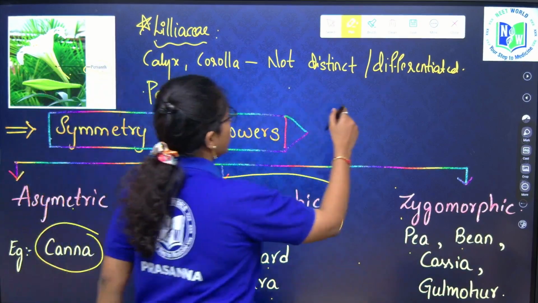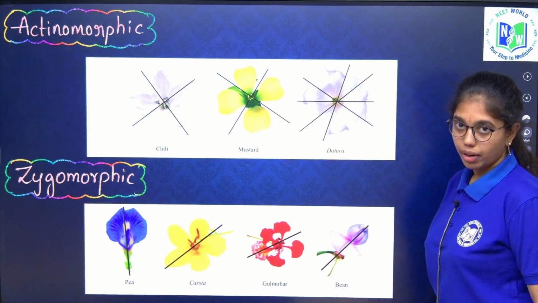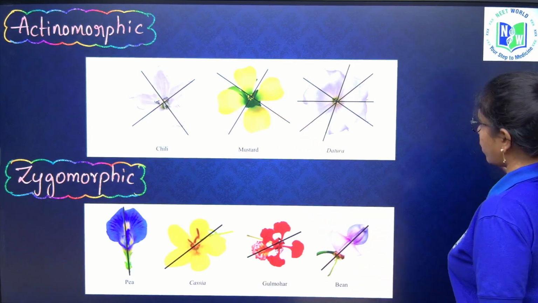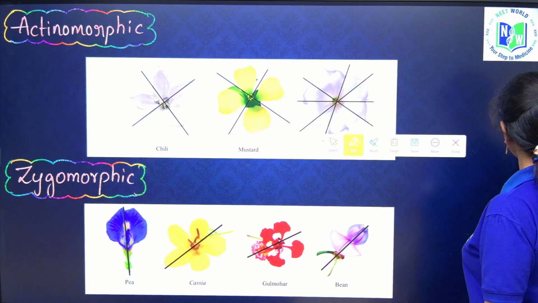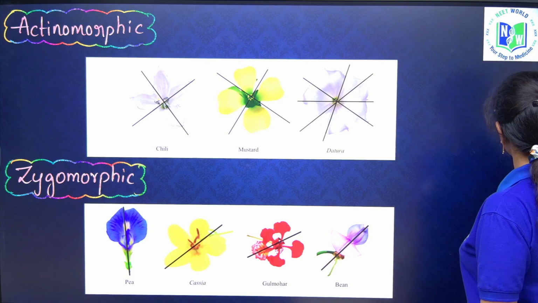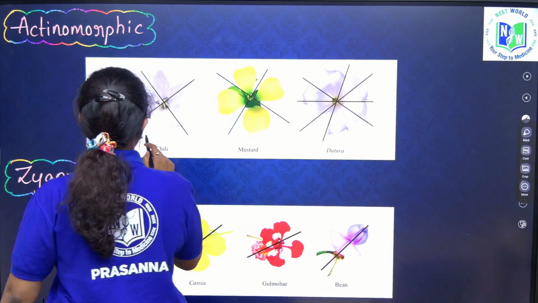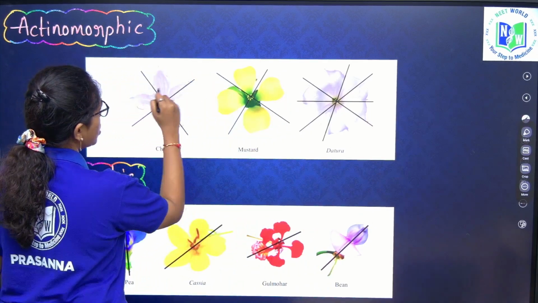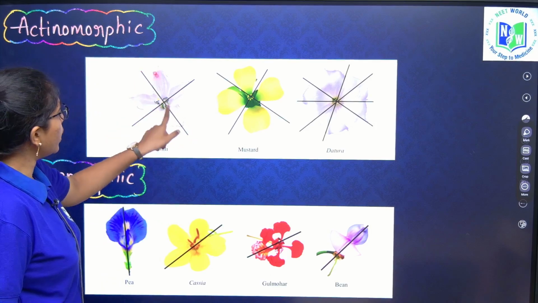Now if you see clearly with images, actinomorphic flowers: chili, mustard and datura. In chili, by two divisional planes you can divide the flower into two equal parts.